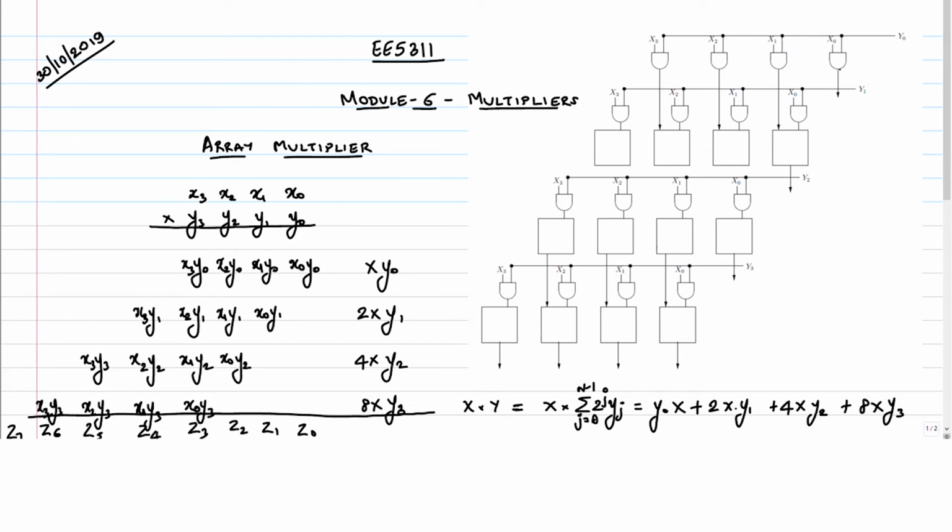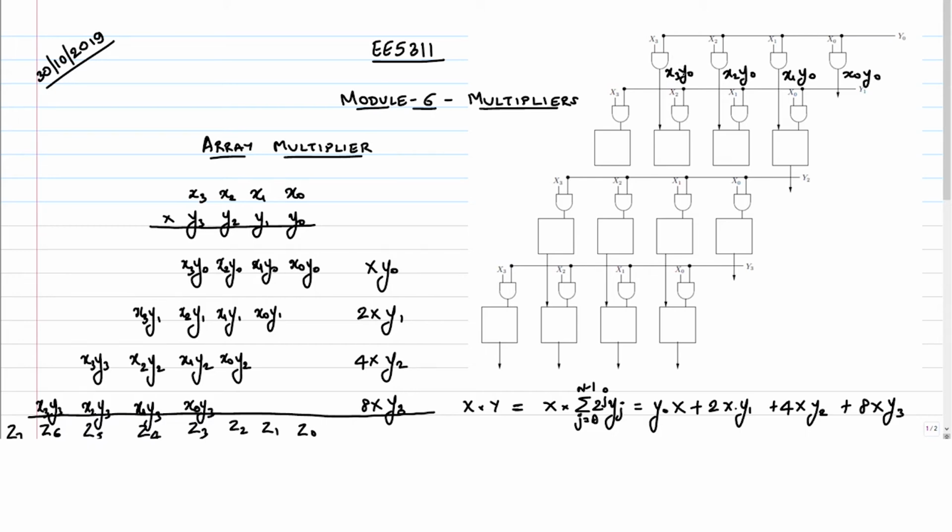Clearly these are AND gates creating my partial products. This is X0 Y0, and this is X1 Y0, X2 Y0, X3 Y0, and so on.